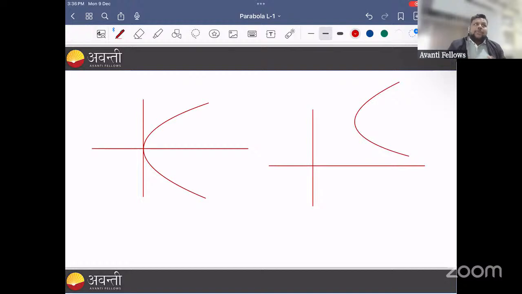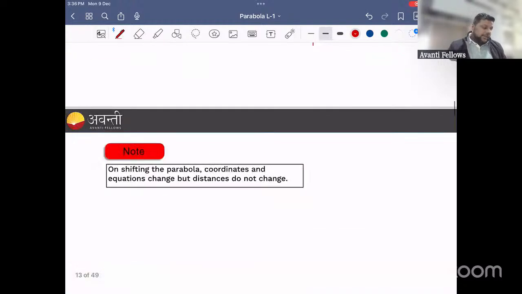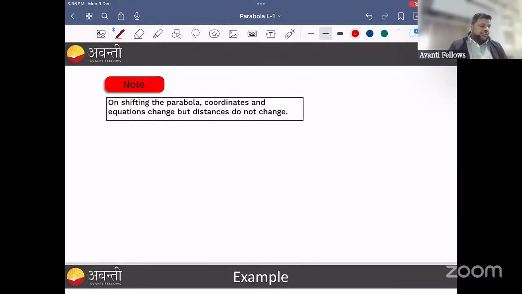So all the properties that are related to distance will remain the same. Getting my point? All the properties that are related to distance will not change, but all the properties that are related to coordinates will certainly change. Clear? Now see, this is what they are saying. On shifting the parabola, coordinates and equation change, but distances do not change.